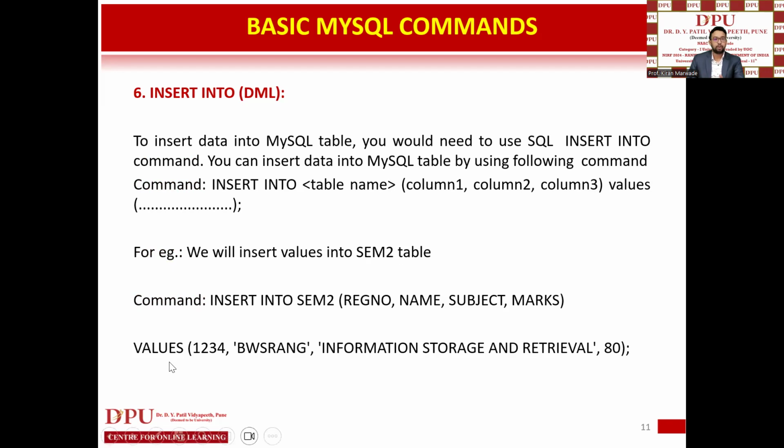Then the values. Here we have inserted all the values: the registration number, the name, the subject, and the marks. This is how you can insert the data into a particular database table.